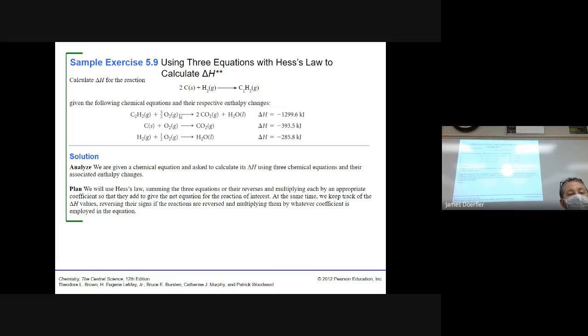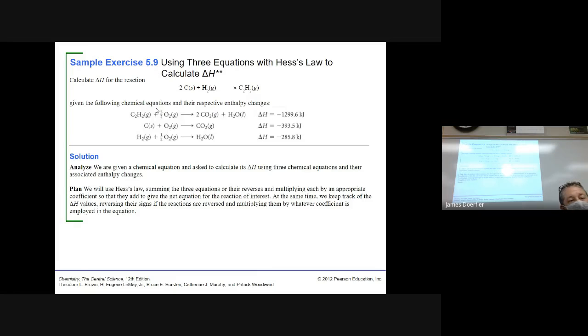Well, you notice that in our target equation, C2H2 is in the product location. In the first equation, C2H2 is going to be on the reactant side. So it's not on the right side.